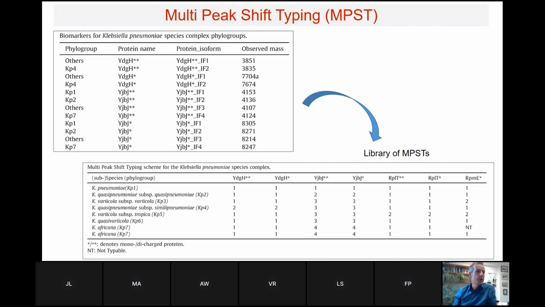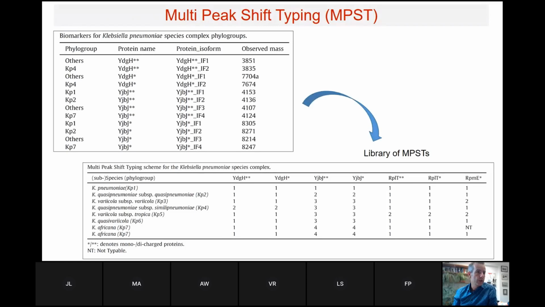Each of the peaks that we use in the system is identified to a protein and to a number of charges. The point of this approach, analogous to MLST, is to give isoform numbers to the different protein forms. These numbers are then combined into a profile, analogous to the sequence type, which we call MPST.